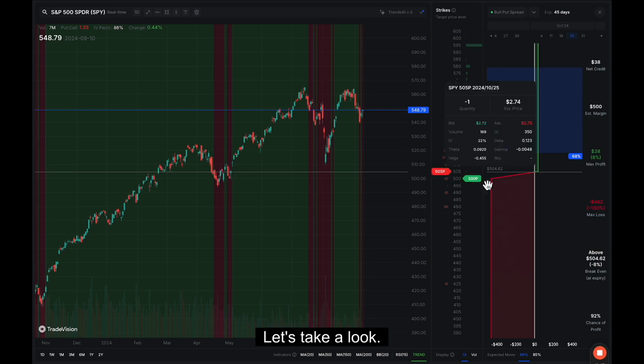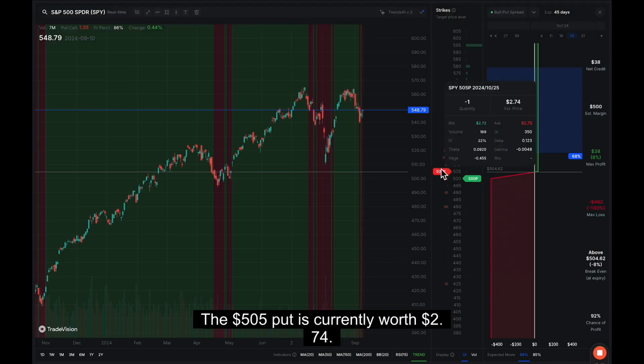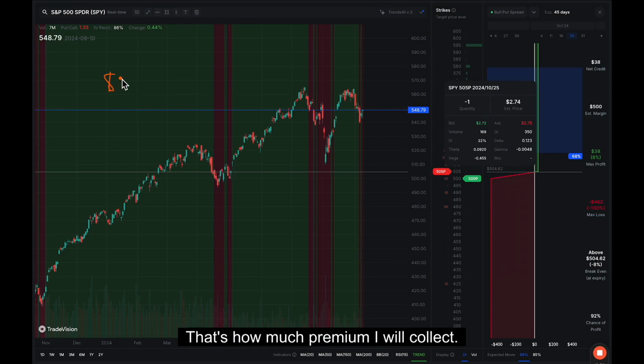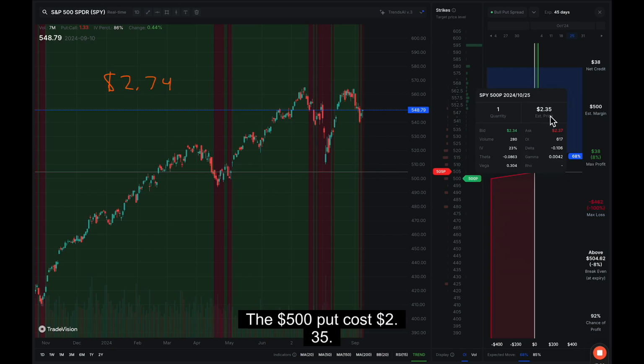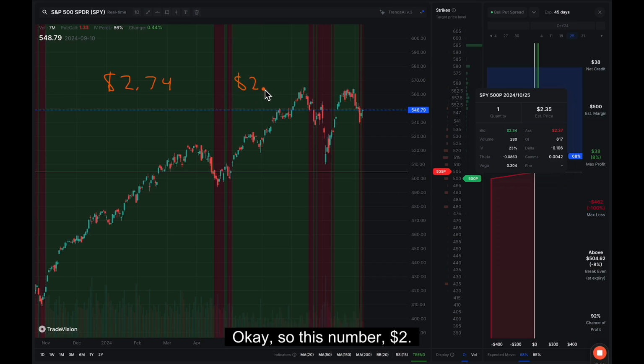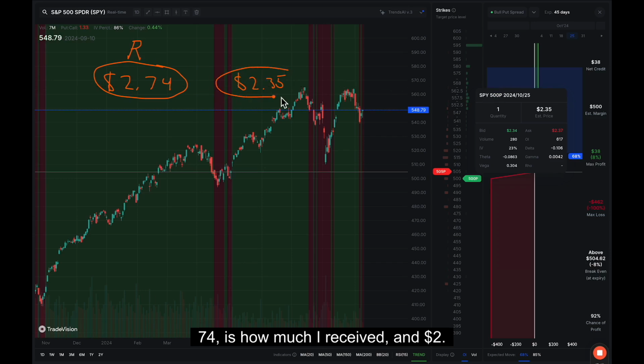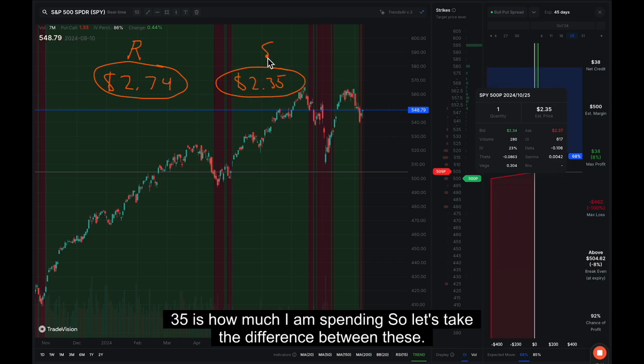Let's take a look. The 505 put is currently worth $2.74. That's how much premium I will collect. The $500 put costs $2.35. So this number, $2.74, is how much I received, and $2.35 is how much I am spending.